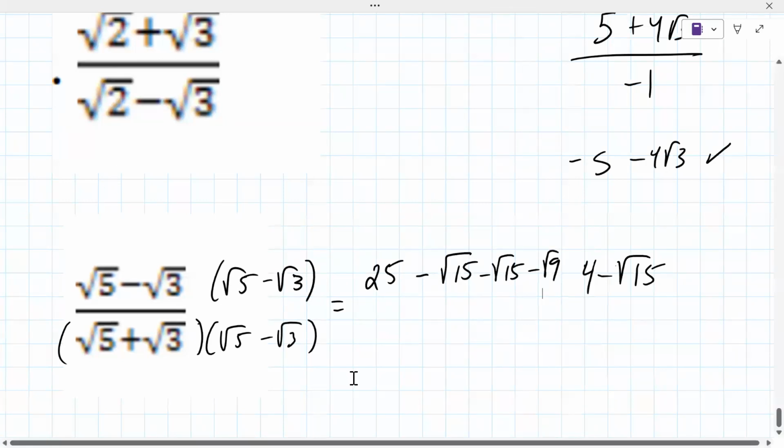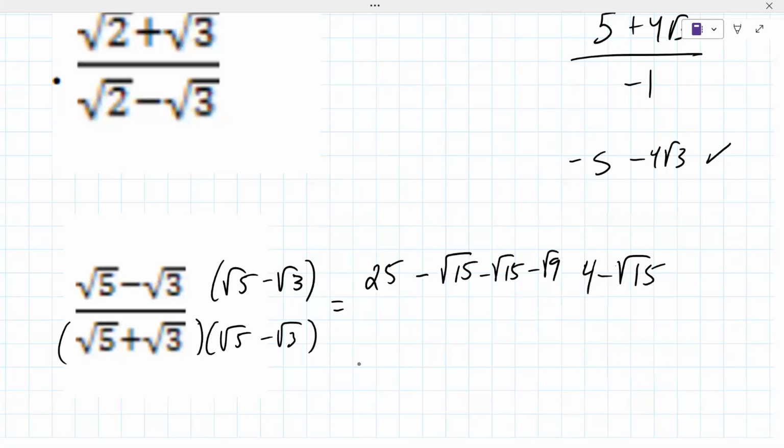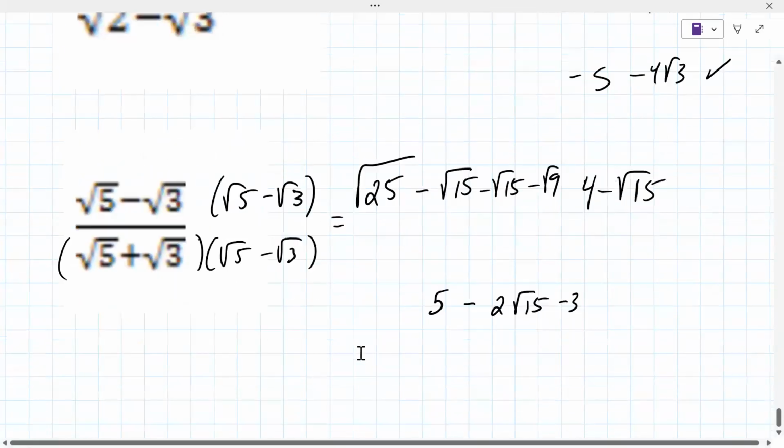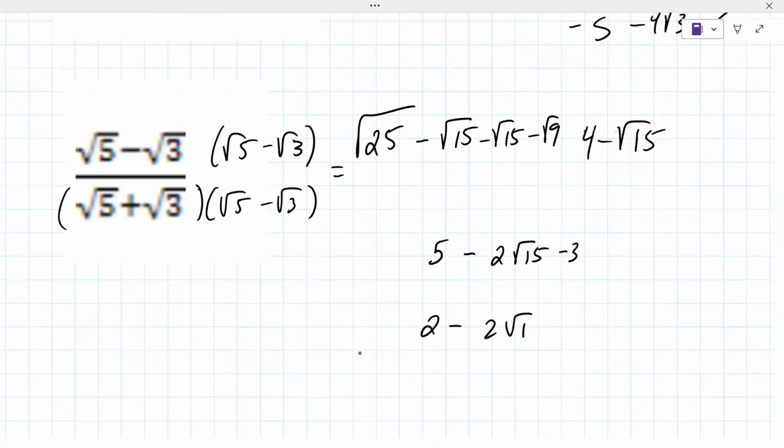I'm trying to figure out where you got the 4 root from. 5 times root 5, wouldn't it just be 5? There it is. Yes, I made the mistake. So it's 5 on the top. It's 5 minus 2 root 15 minus 3, which is 2 minus 2 root 15 all over 2.